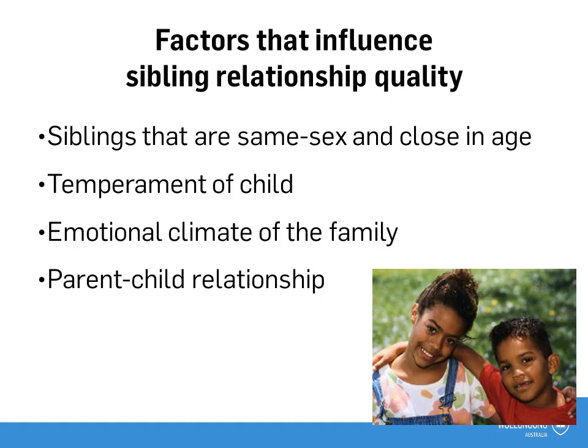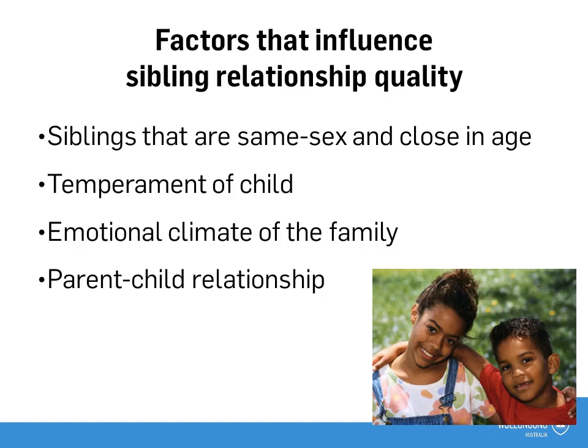The emotional climate of the family can influence sibling relationships, particularly if there's a lot of stress in the family that relates to hostile parenting. So how the family deals with issues, if there is conflict between the two parents, does that impact the children in terms of having more negative parenting? And if that's the case, then there can be an impact on the sibling relationship.